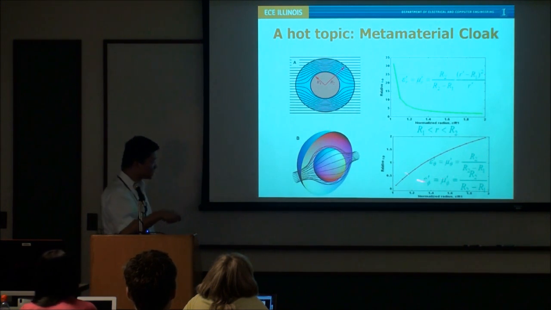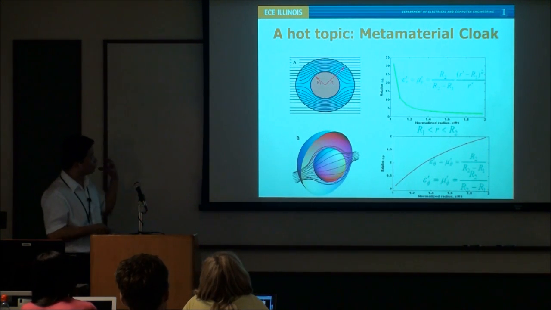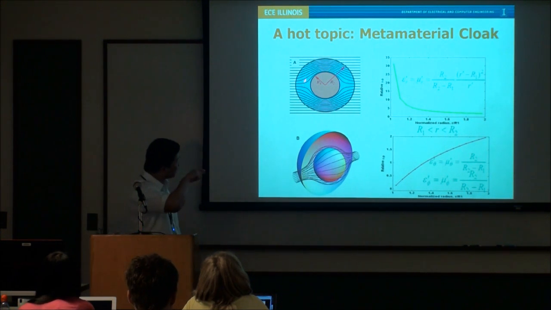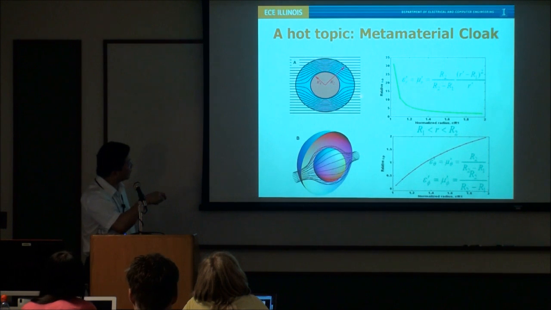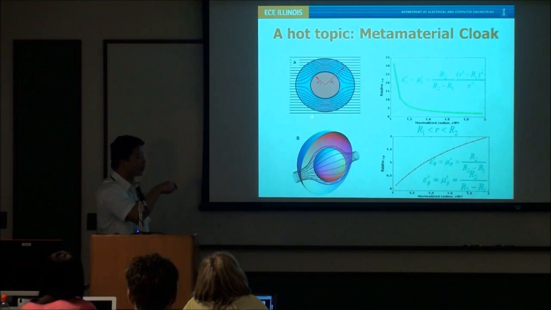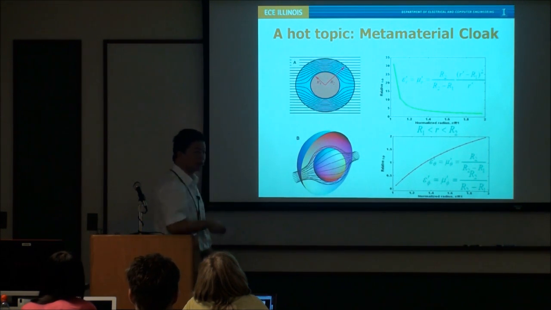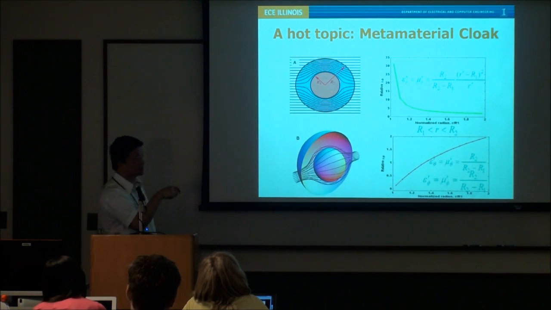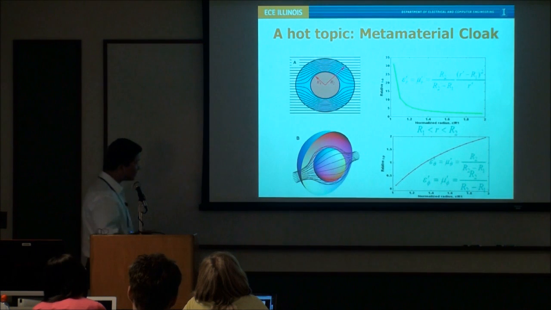But once you have this relationship satisfied, when the electromagnetic wave passes through this, it will just go around it as if there's nothing over there. And if you see from this side, you will see directly what you see over here. So you will not see anything in between.